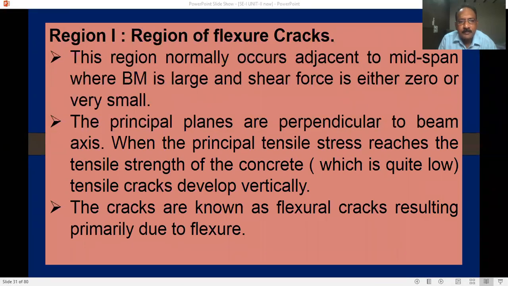Suppose you have a beam like this, and the bending moment is here.